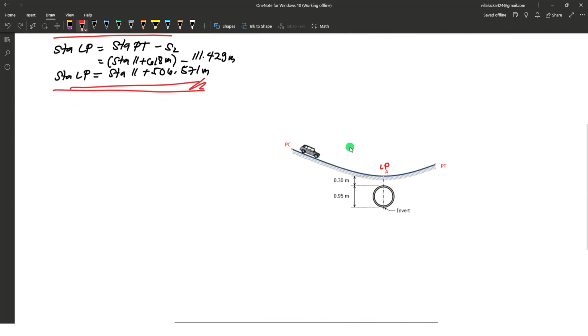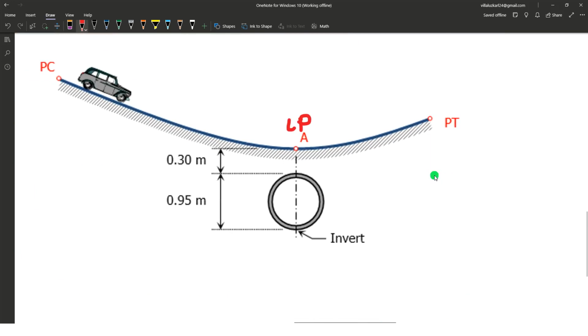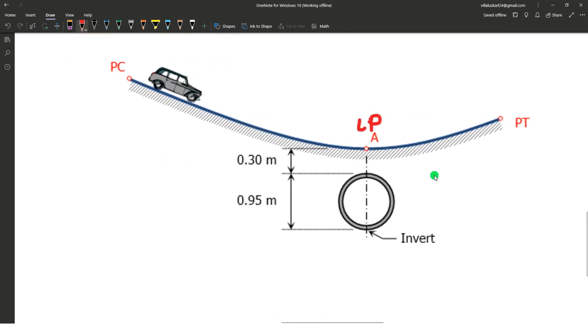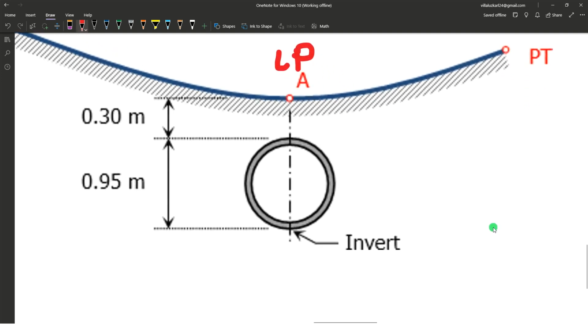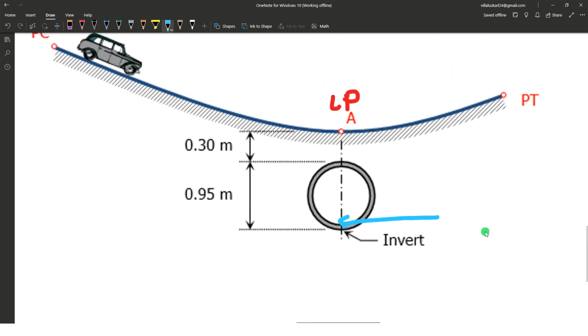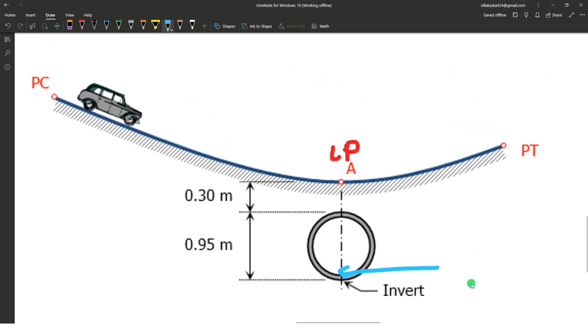So let's draw. The equivalent drawing for that is right here. In the sample problem, the thickness of the culvert is not given, but in reality, the invert elevation is this one, the lowest point on the inside of the culvert.